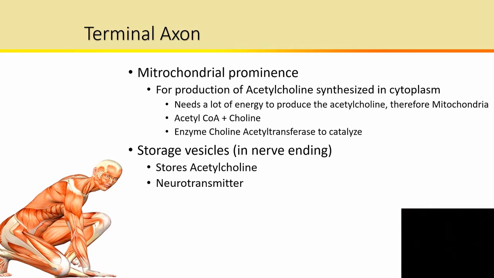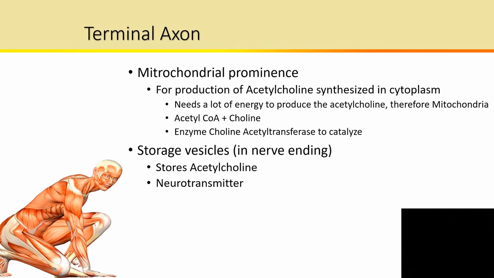And acetylcholine is basically a combination of acetyl-CoA plus choline, and that process, the acetyl-CoA plus choline, is made into what we call acetylcholine. Okay, and it's the enzyme choline acetyltransferase that catalyzes this reaction. So what happens is, we talked about before how the cholinesterase breaks down the acetylcholine so it doesn't keep on stimulating the muscle.